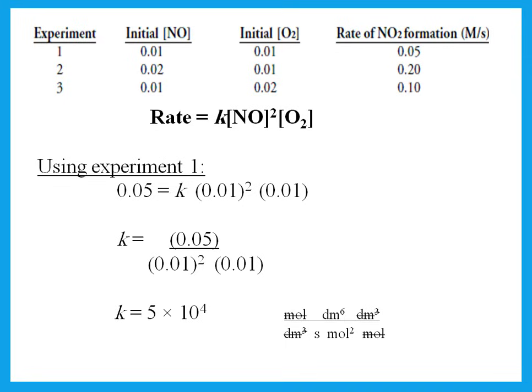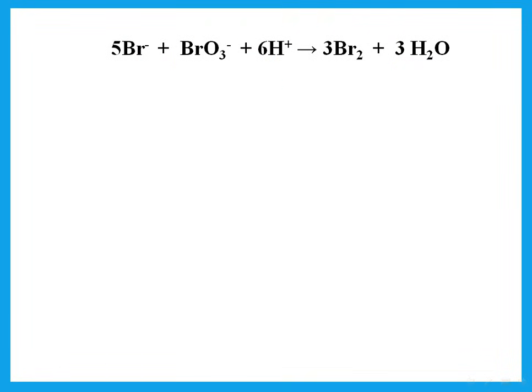So he has down there the concentration to the power 2, so it is mole to the power 2, decimeter to the power 6. The other one is just mole per decimeter cubed, and then we cancel whatever is up and down in the equation. That is the same. So for this reaction, the unit is decimeter to the power 6, mole to the power minus 2, and seconds to the power minus 1.